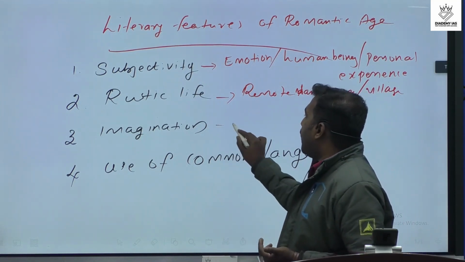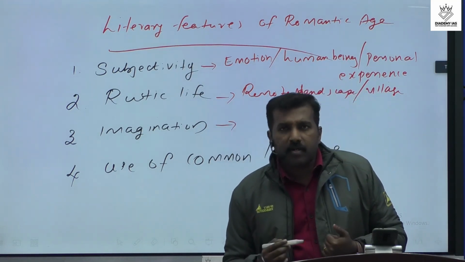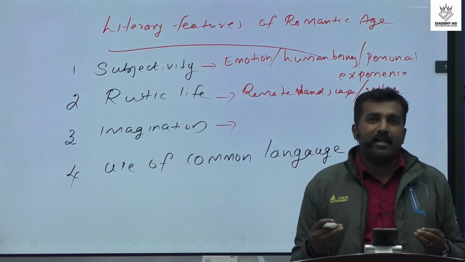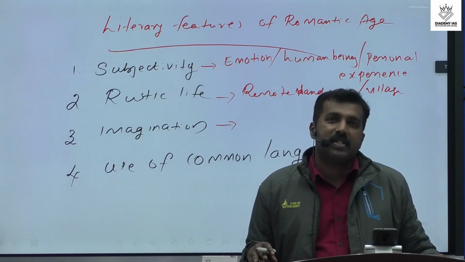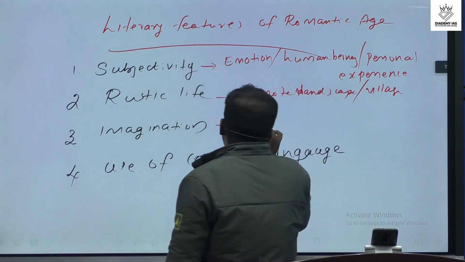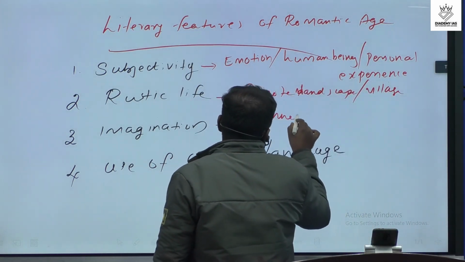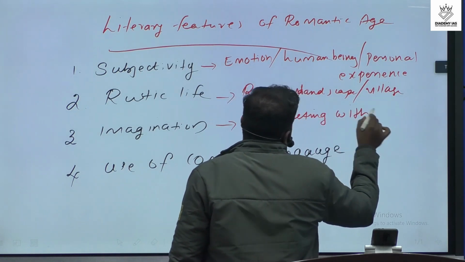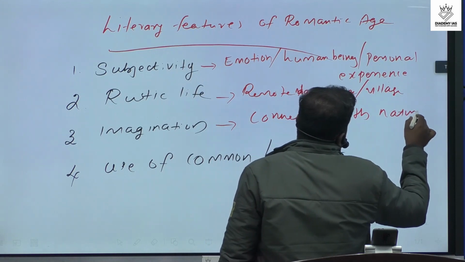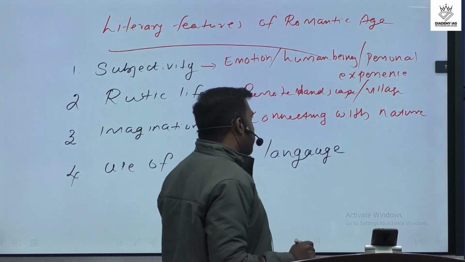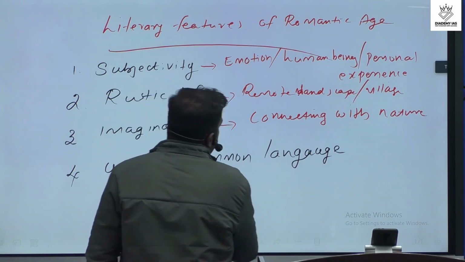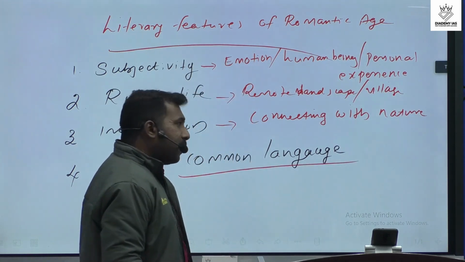And the next one is imagination. We already said imagination means the poet generally used different types of imagination, connecting with nature. Connecting with nature is an important feature. The next one is use of common language. What is use of common language?